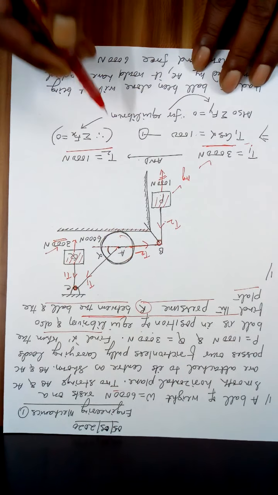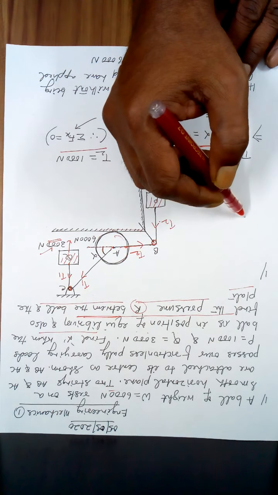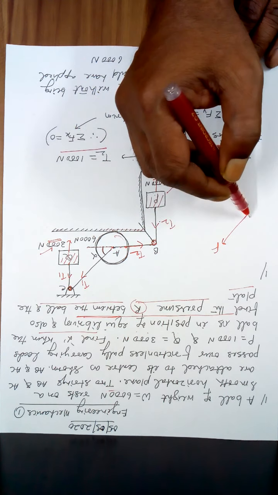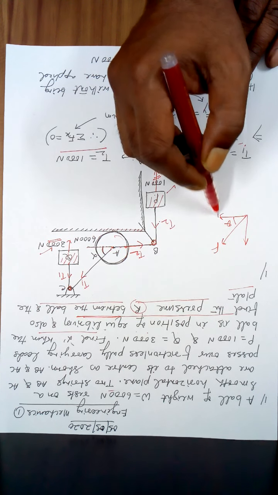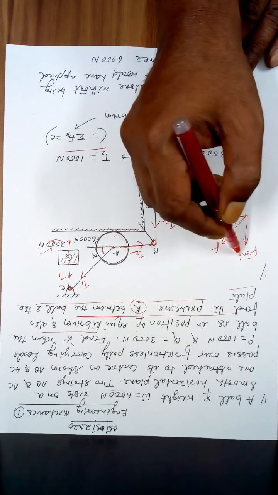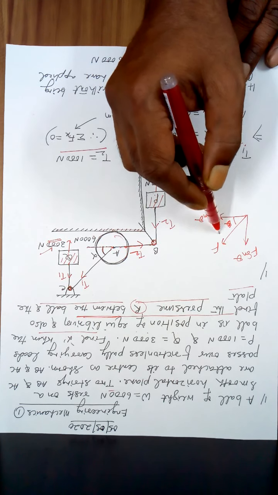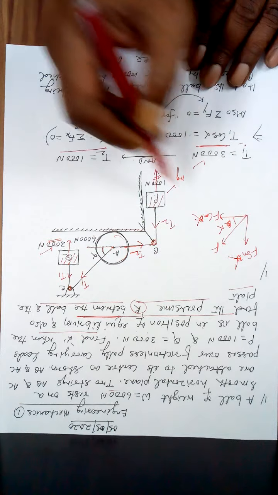Now look, we know from your previous classes, if there is a force F like this, and this angle is theta, then this is F cosine theta, and this is F sine theta. If this is not theta, this is alpha, this will be F cos alpha, this will be F sine alpha.